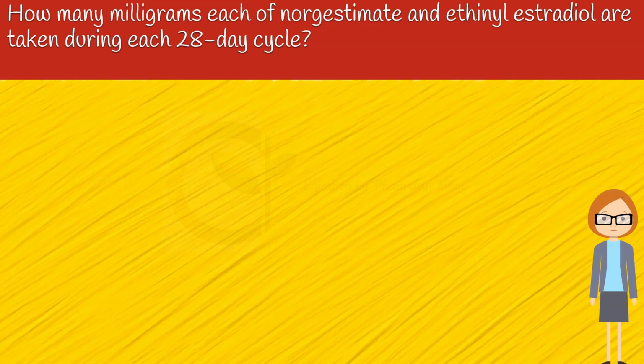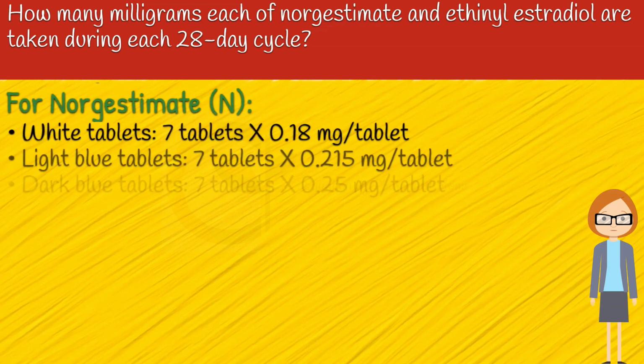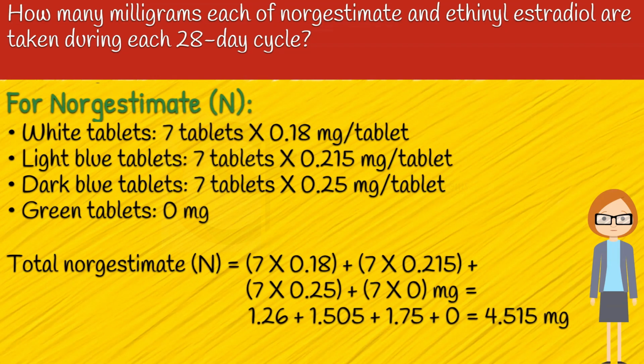To calculate the total amount of norgestimate and ethinyl estradiol taken during each 28-day cycle of ORTHOTRicycline LO, we need to sum up the amounts of each component in all the different colored tablets over the 28-day period. To calculate the total amount of norgestimate, we'll first multiply the number of each colored tablets with the amount of component and then sum up.